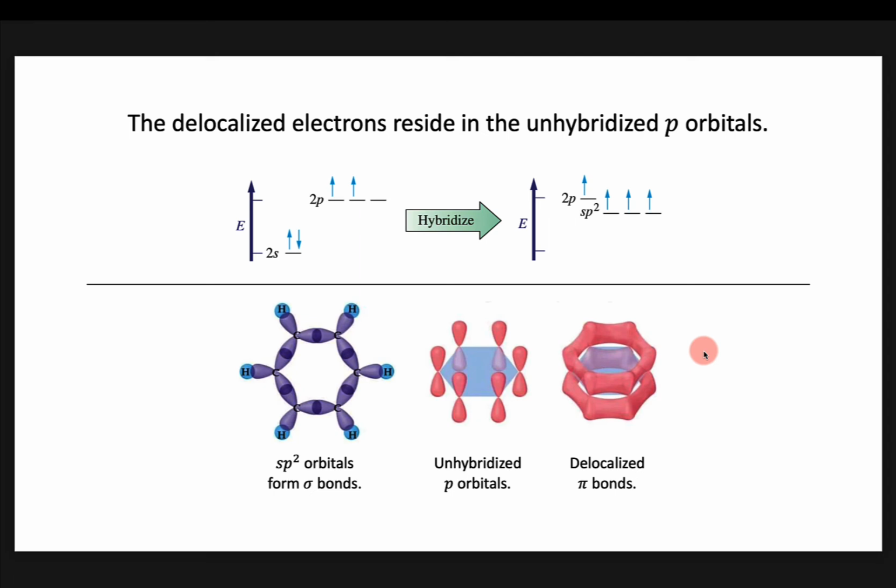Okay, so that's what's happening with the orbitals in a benzene molecule. So each carbon atom is sp2 hybridized, and the delocalized electrons reside in the unhybridized p orbitals.